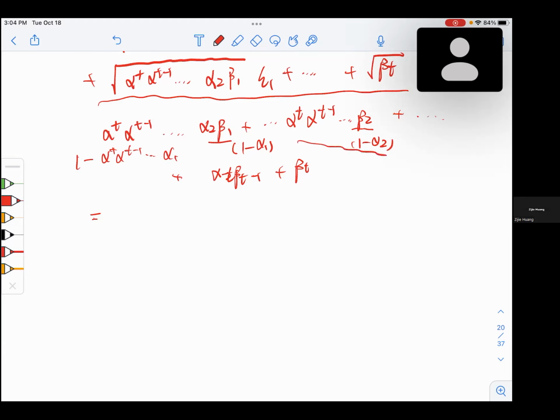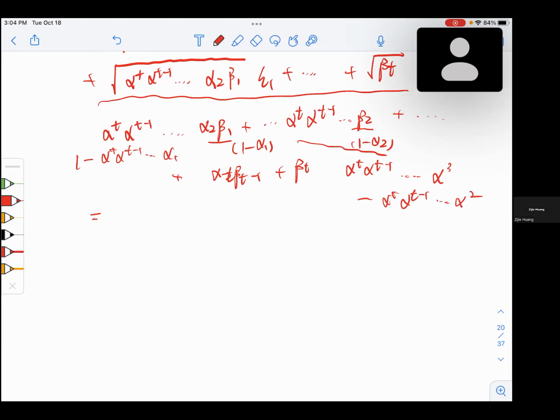And for the next term, it will be alpha t minus 1 until alpha 3 minus alpha t minus 1 until alpha 2.